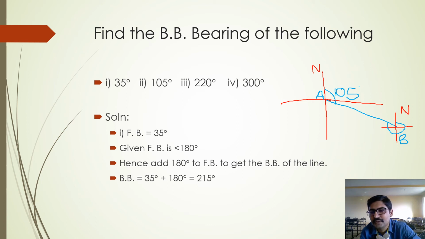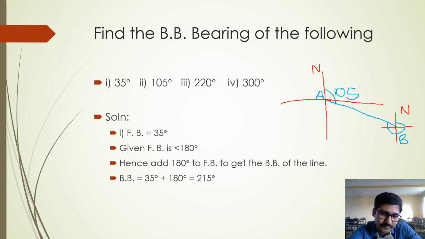So it will be 285, isn't it? So this angle will be 285. Quite simple one, right? So this will be 15 degree. So remaining 105 plus 180, so the total angle will be 285 degree, right? So this is how you are supposed to get the bearing.